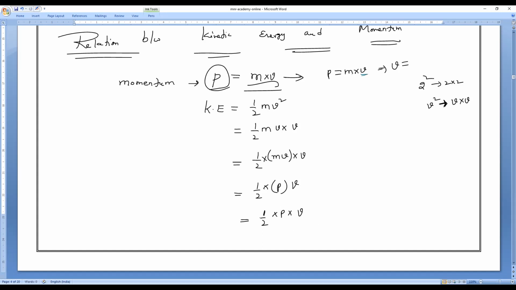Mass is in multiplication; when it comes to this side, it becomes division. Understanding? So in place of V, I can write half into momentum into momentum by mass, which equals half into P square by M, or P square by 2M. So this is the relationship between momentum and kinetic energy.